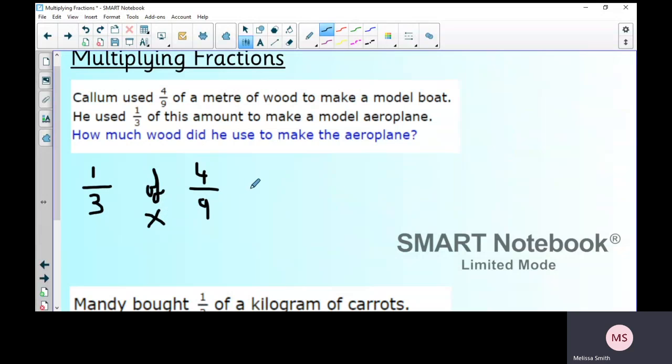So we repeat the method that you've already learned. 1 times 4 is 4. 3 times 9, 27. Is there a common factor? No. So there we go. It's in its simplest form. He used 4/27 to make the aeroplane.